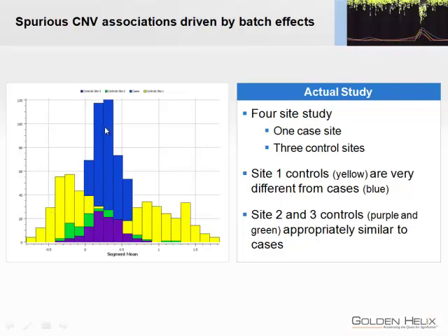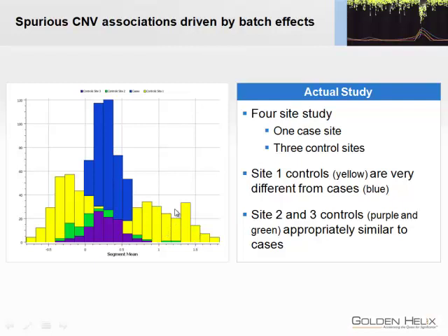When we ran an association test, this is the histogram of the intensities for a particular probe somewhere in the genome, and we saw a large difference between cases and controls, mainly driven by this yellow set of controls from site number 1.